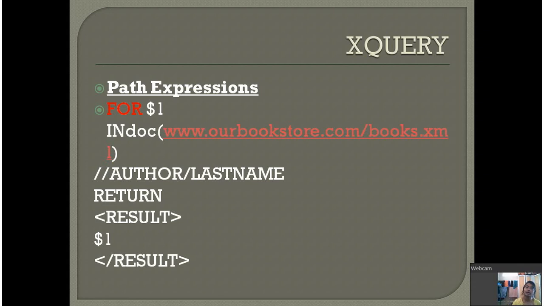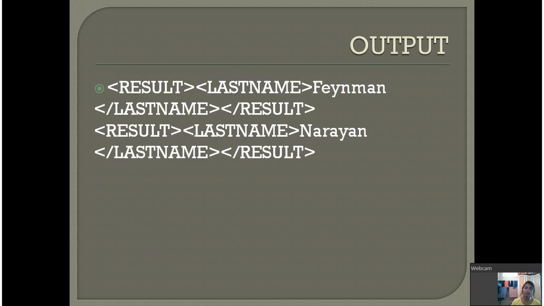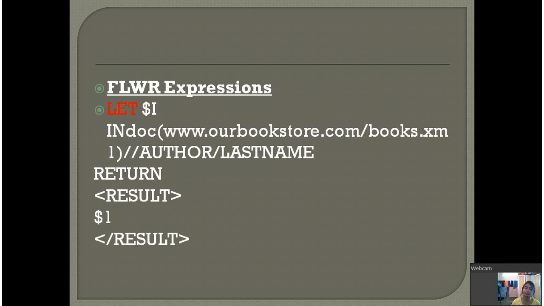So here we are selecting a document called www.bookstore.com, which is an XML document, and then we are selecting the author name and the last name. The output of this would be result, last name displayed, then again result, last name of the next document displayed.